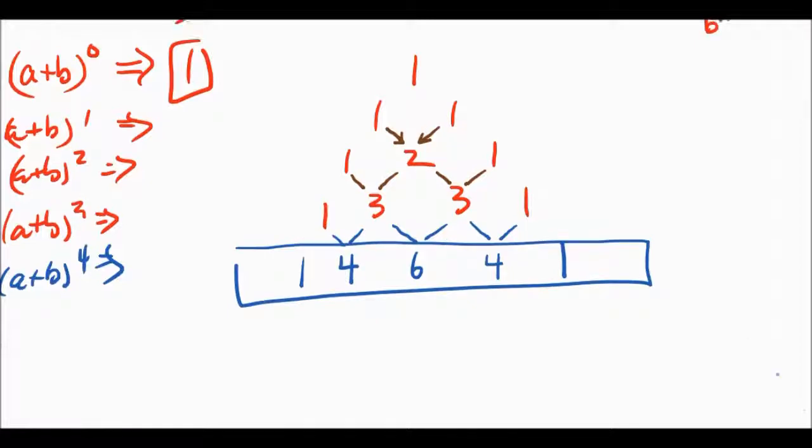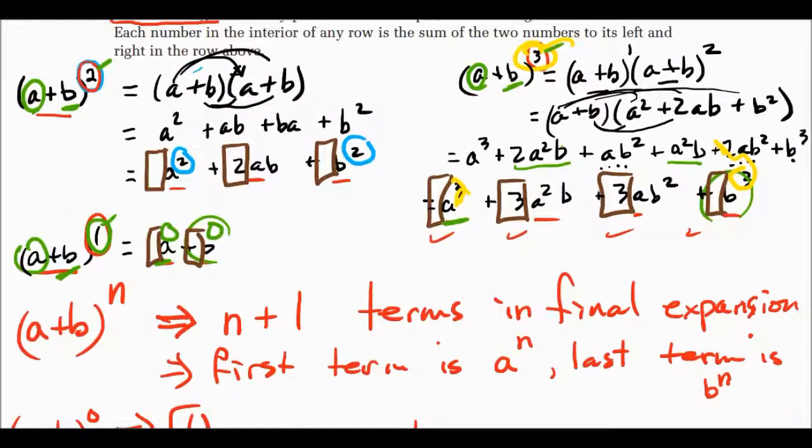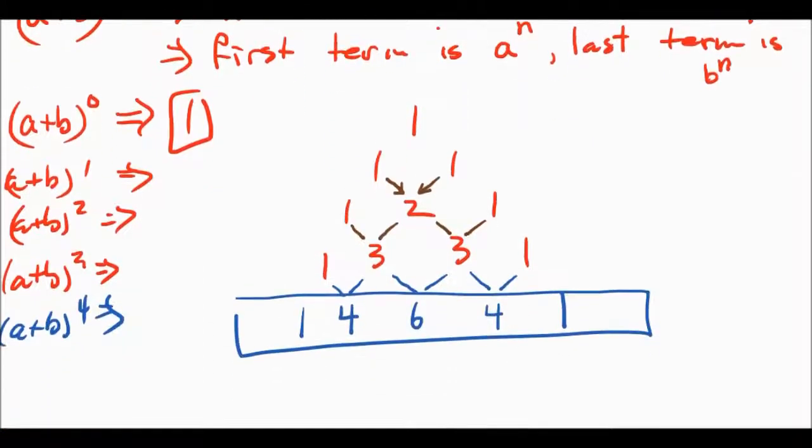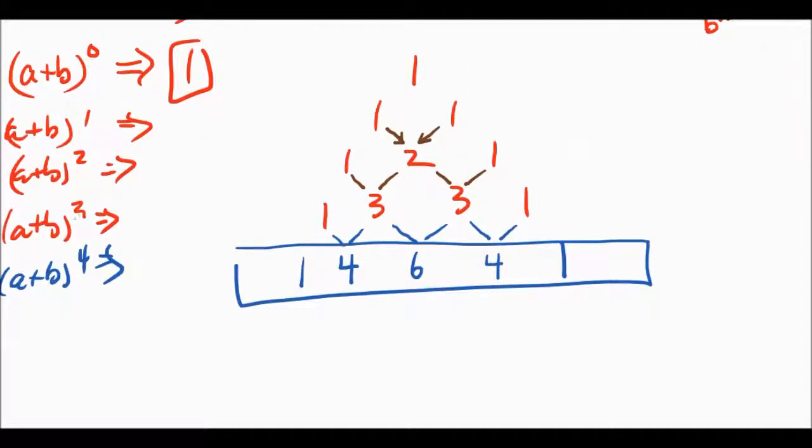So remember, we just outlined the coefficients here. For a plus b to the power of 3, it's 1, 3, 3, 1. Those are the coefficients for the terms.